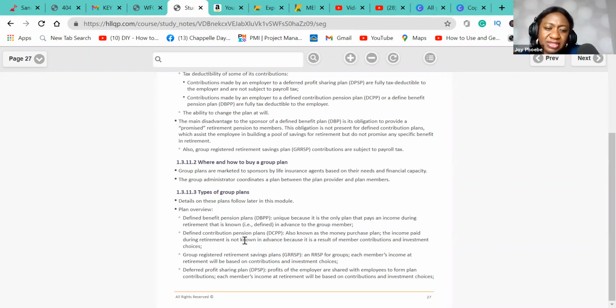Types of group plan. Details on these types are in the next modules. Defined benefit pension plan is a type of group plan. Let me put down the types. Let me write it on another page. I like writing even when I'm teaching. Types of group plan.